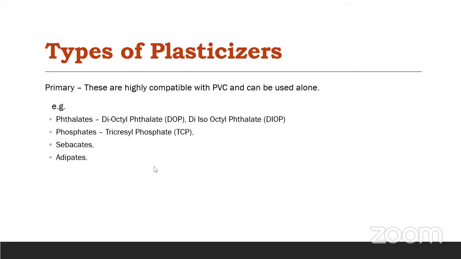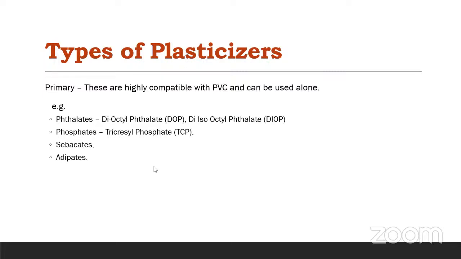First, the primary plasticizers, which are highly compatible with PVC systems and can be used alone, like dioctyl phthalate or diisooctyl phthalate, as I gave as an example previously. Tricresyl phosphate is another plasticizer. As a natural plasticizer, glycerol is used for different polymer systems.